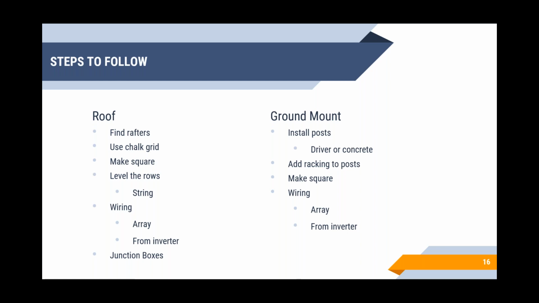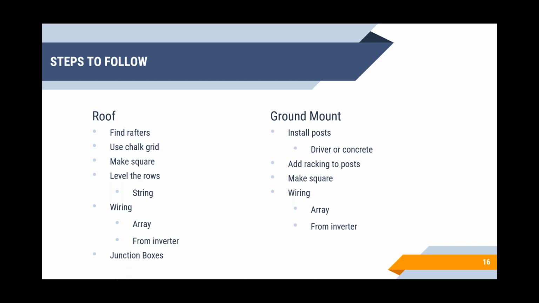process of installation. Again, on ground mounts, we've got to make sure they're square from post to post, and making sure that our racking is flush, level, and square before we ever start putting on modules. Then our wiring from the array, we're coming into that string inverter, so we'll actually be taking a daisy chain approach with our modules and bringing those back to our inverter, which will most likely hang on a post on the array itself.